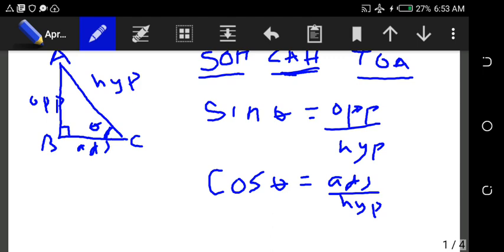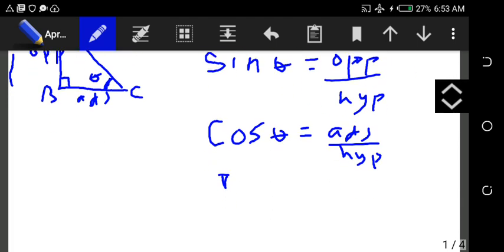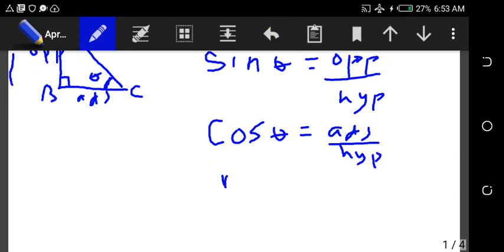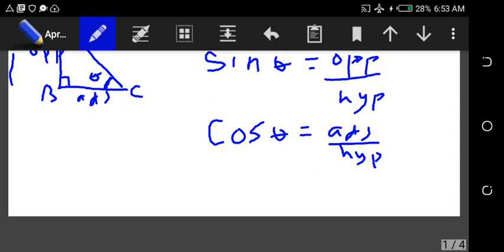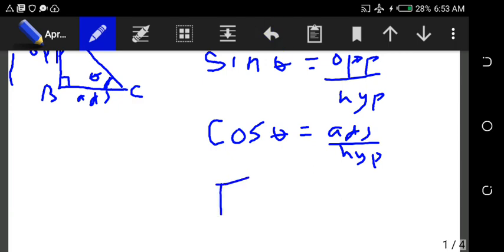And the last of it is the tan. So let's evaluate the tan. We have tan theta now.